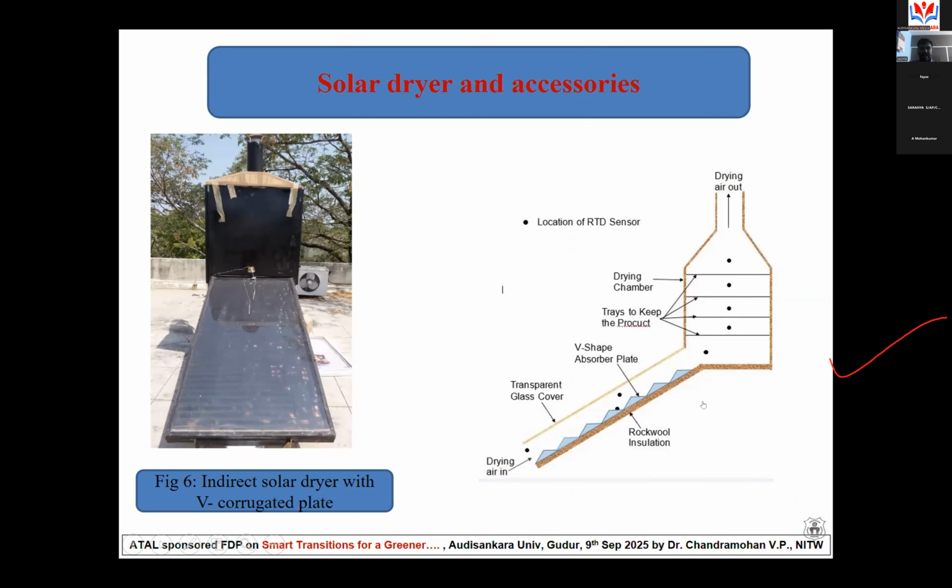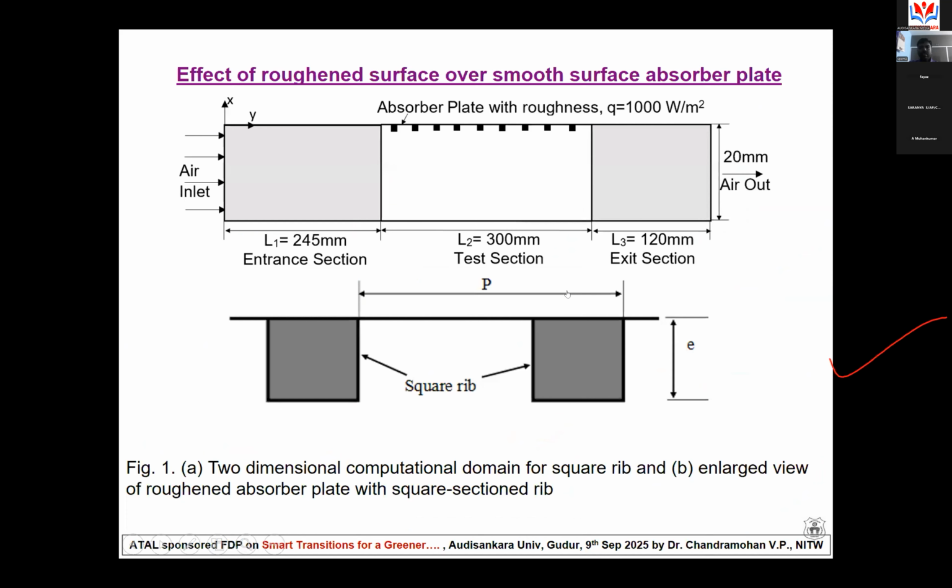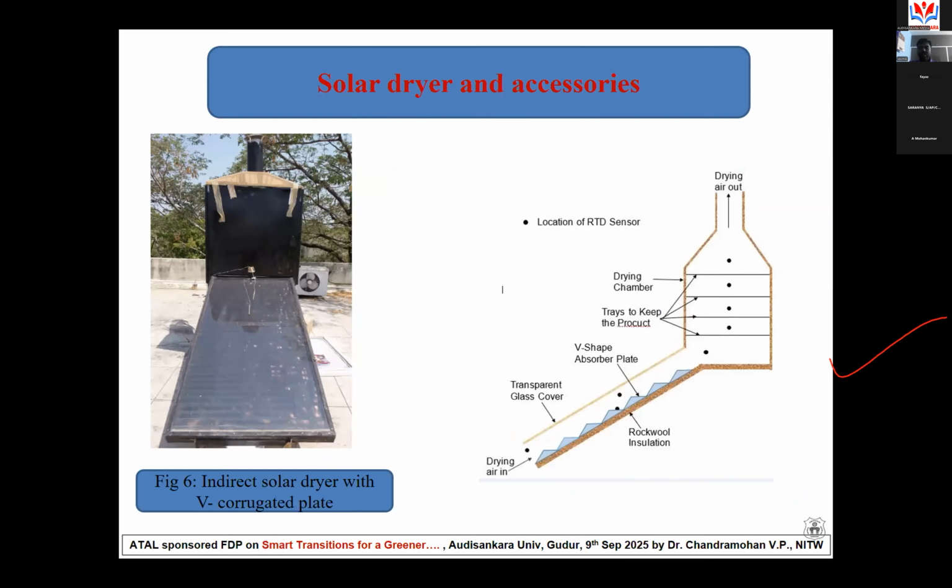This one already explained the different accessories of the solar dryer. Now we can apply the CFD concept in the setup itself, and see how corrugations help improve the heat transfer.